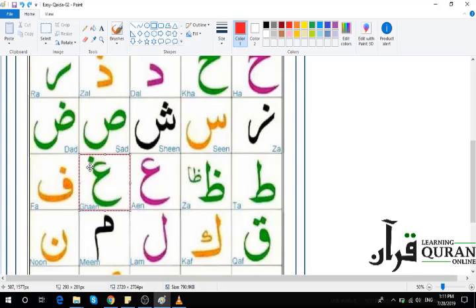When you see the shape like an inverse three number, we will call it Ain. And if the same letter comes with a dot, we will call this Ghain. Now go to the next, which is Fa.